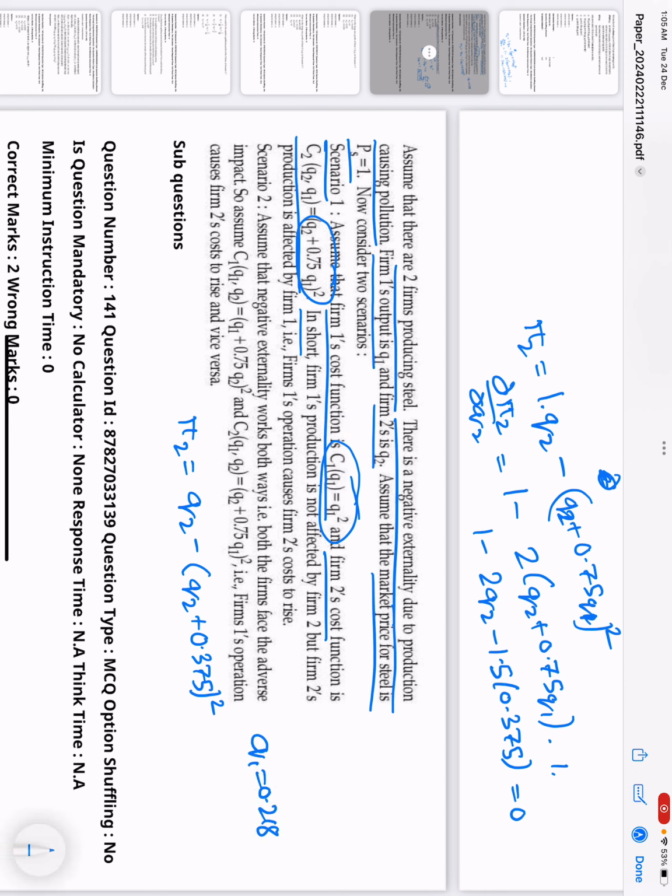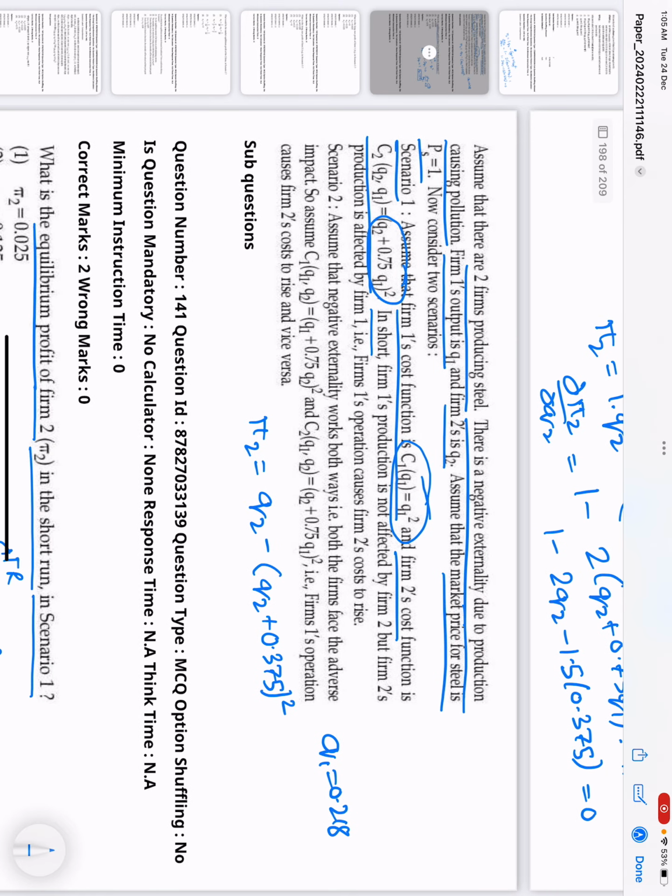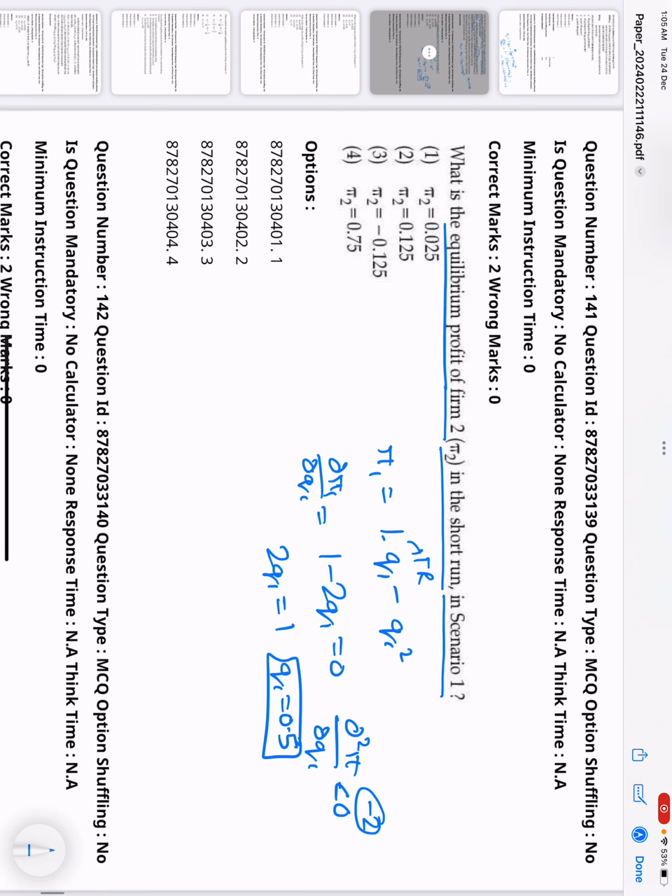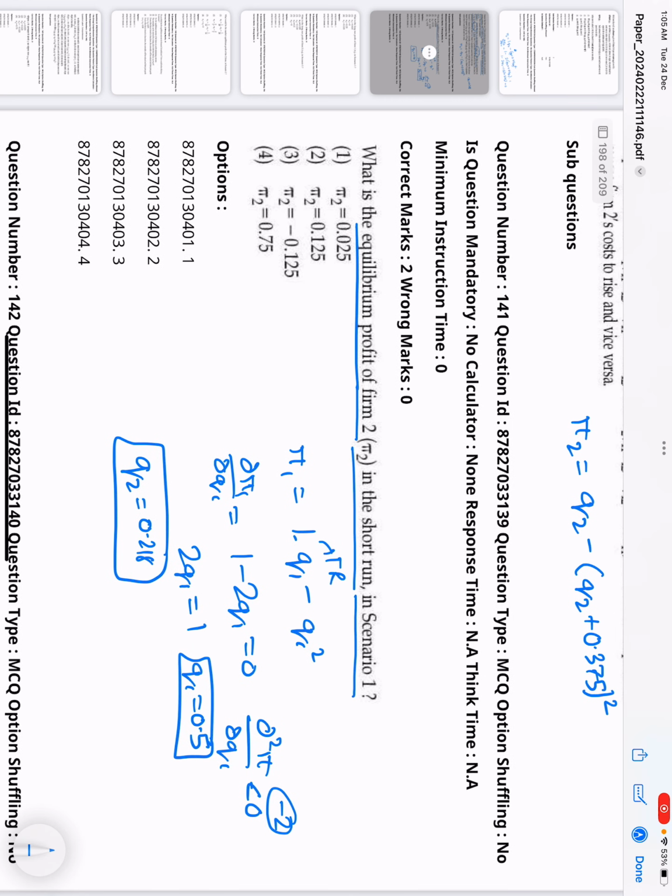So 0.218 minus (0.218 plus 0.375) square. Okay, if you solve this, we are having Q2 as 0.218. So if we solve this, the profit for firm 2 is coming out to be minus 0.125.